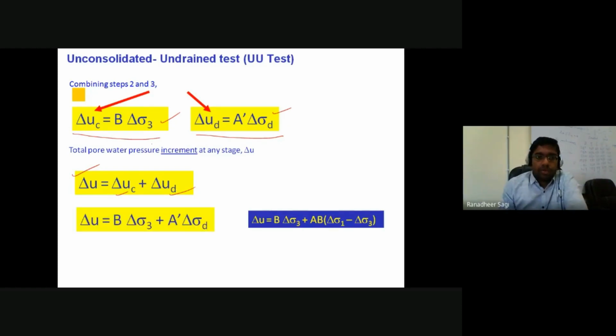And the increment in pore water pressure due to the applied confining pressure on the soil sample is what we have presented as B into delta sigma 3.